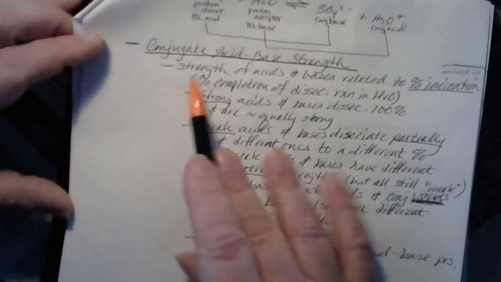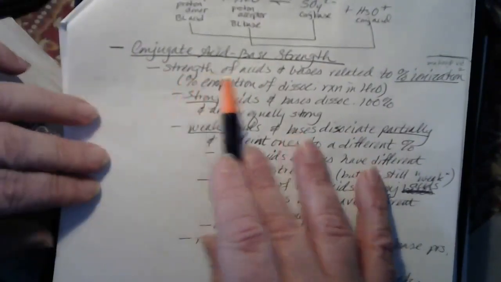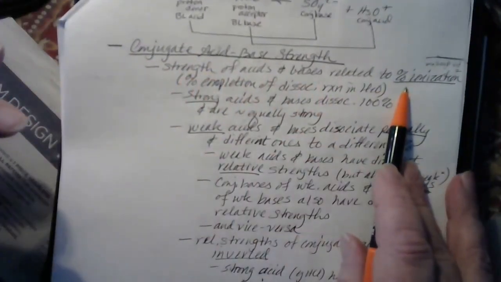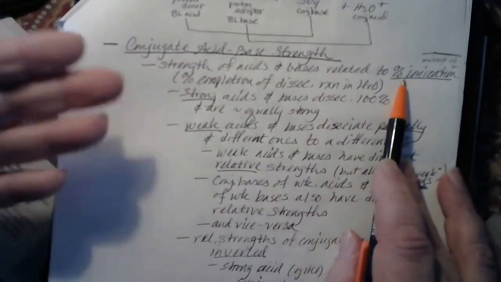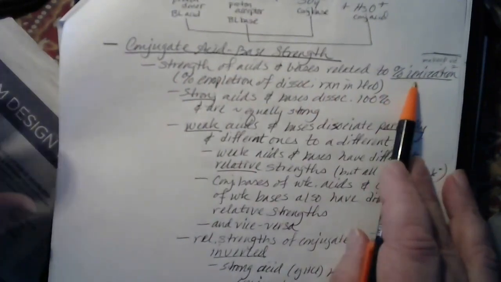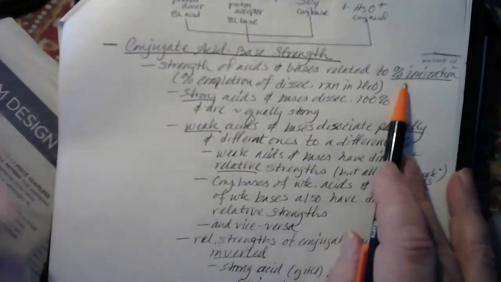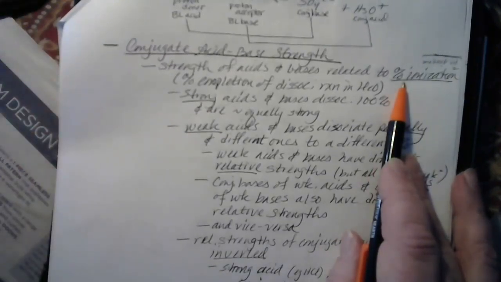And so, coming back to the fact that when we say that an acid is strong or weak, we're basically referring to its percent ionization. If its percent ionization in water at the given temperature is 100%, then it's a strong acid or a strong base. And if it's much less than 100%, then it would be considered a weak acid or base.